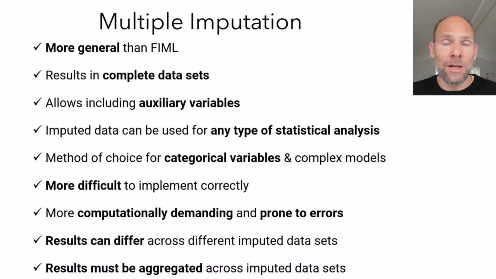I would really only use multiple imputation for categorical variables, for which FIML wouldn't be appropriate, or other statistical techniques for which FIML couldn't be used. So that would be the summary. FIML, simpler; multiple imputation, more complicated. Only use it if it's really necessary.